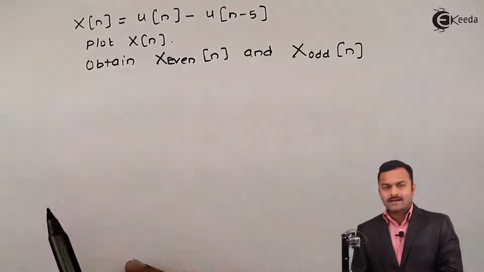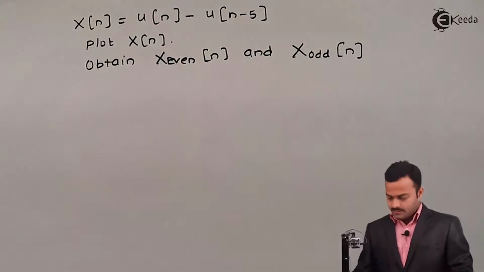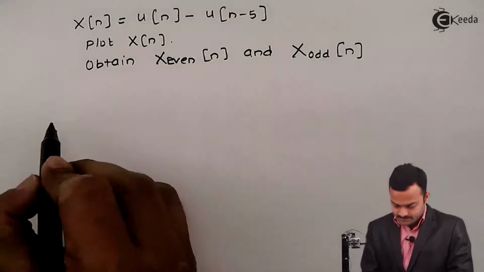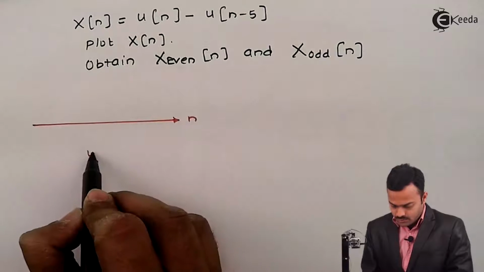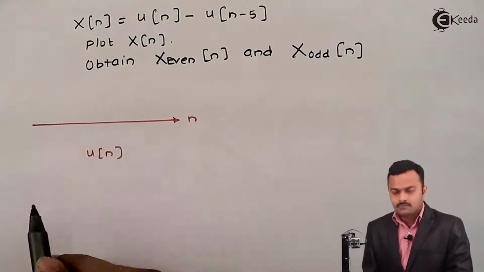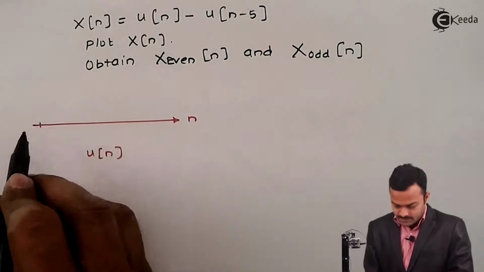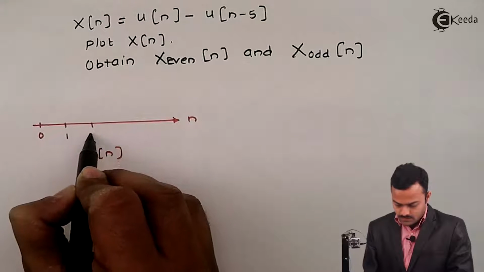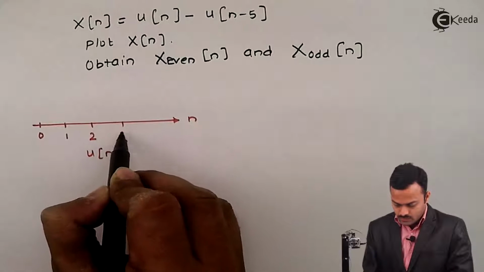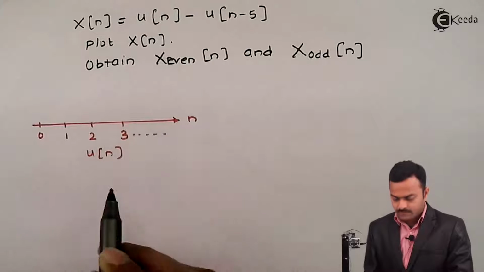This is given in standard equations, meaning u of n is given. So u of n means the signal exists from n equal to 0, 1, 2, 3 and so on.